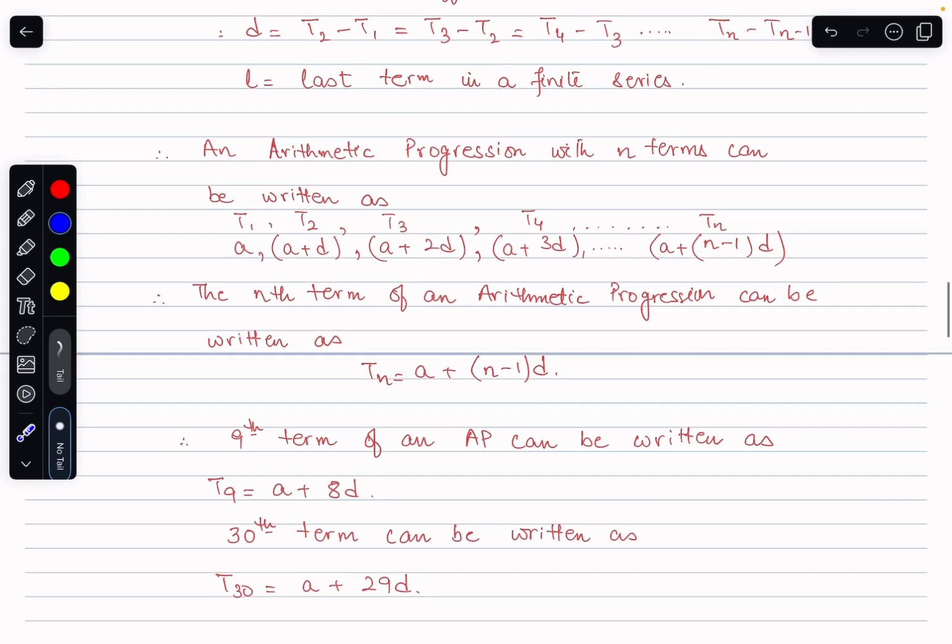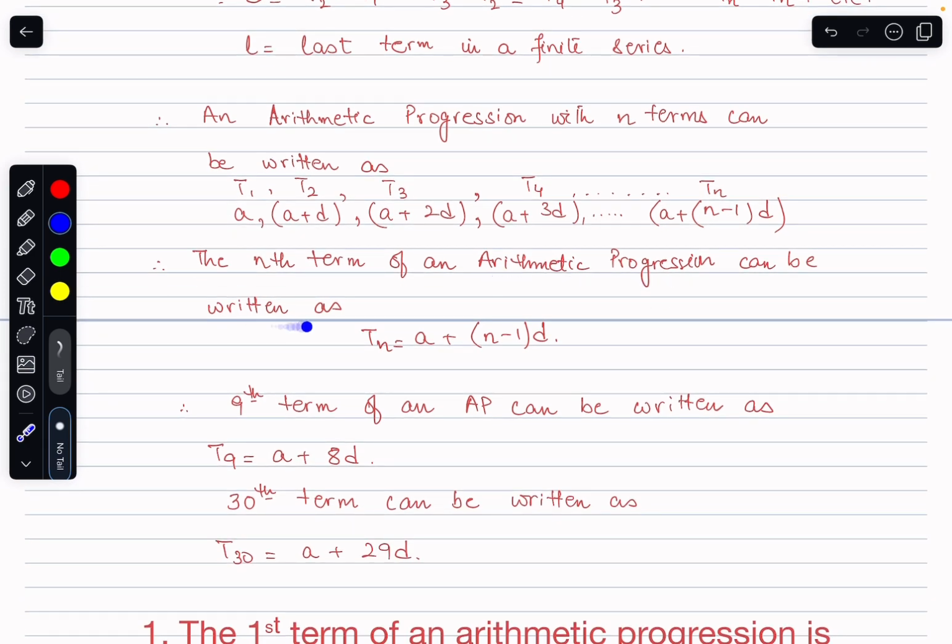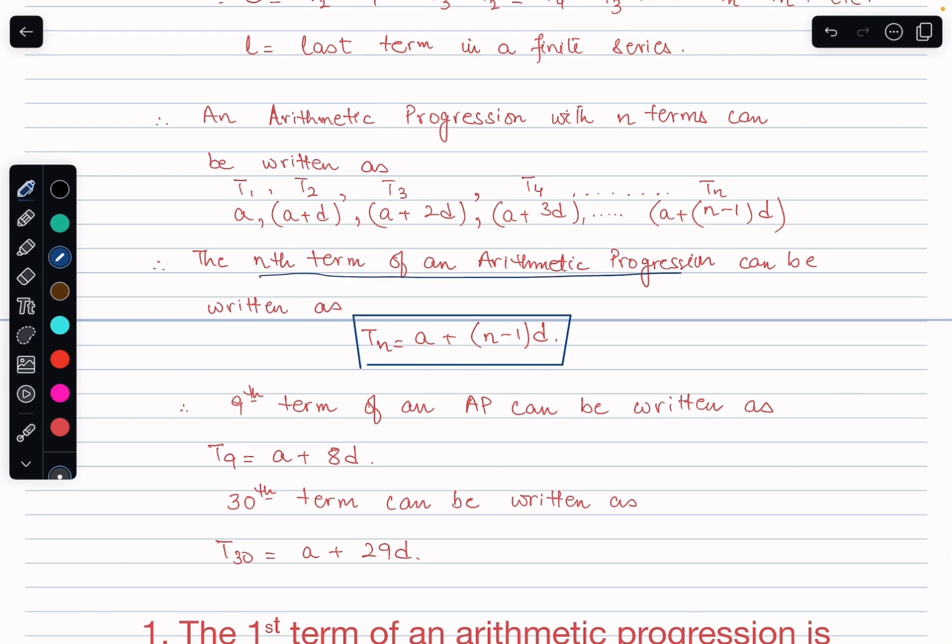So the nth term of an arithmetic progression can be written as Tn, which equals A plus n minus 1 times d. So this is the general formula for the nth term of an arithmetic progression.